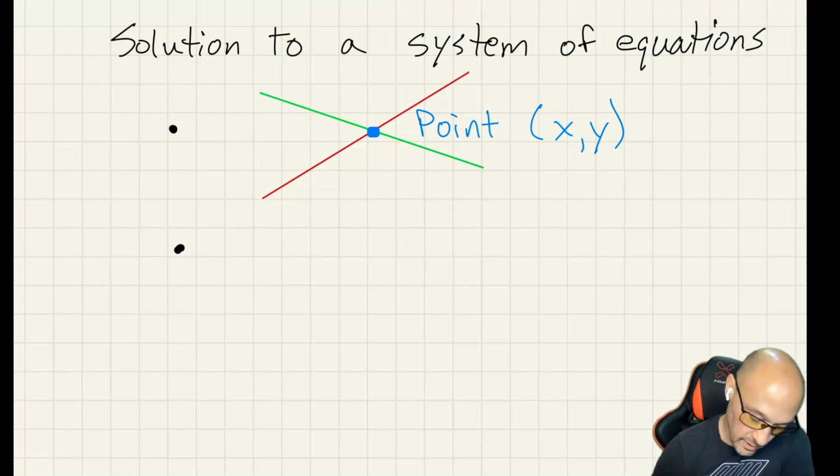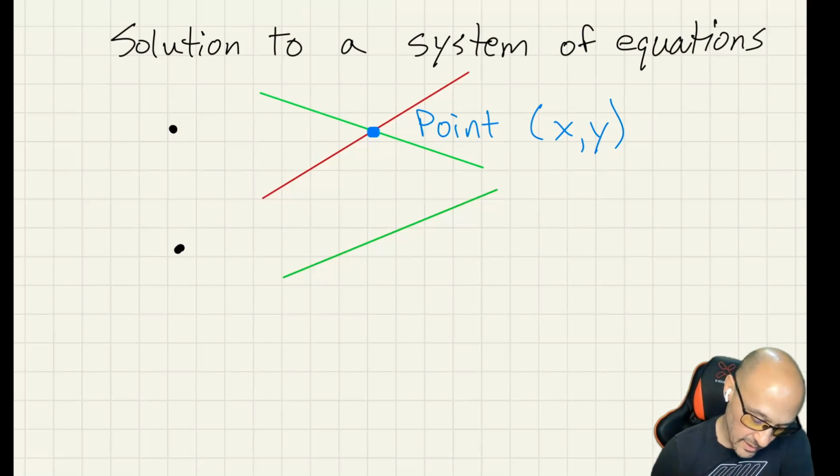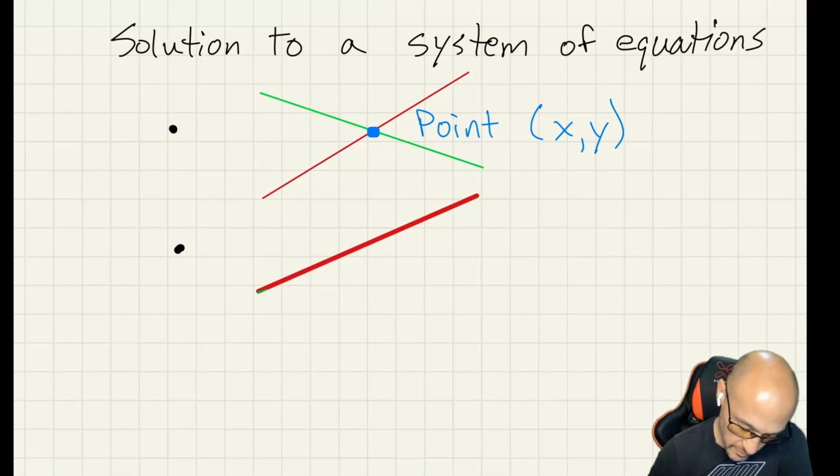Another possibility, when you think about those lines, is that they are overlapping like that. I think what I should have done is made this one bigger so that you could see it, and then this one smaller. Like that.